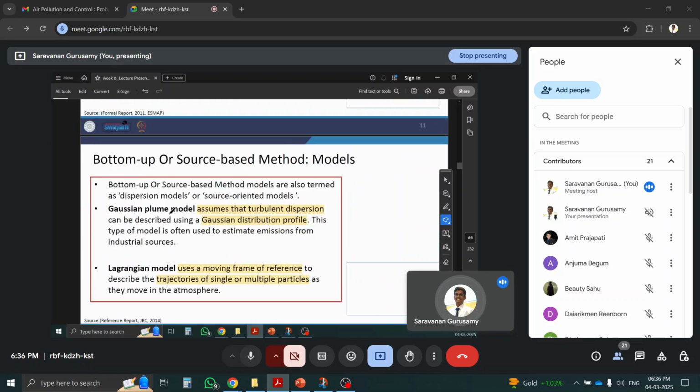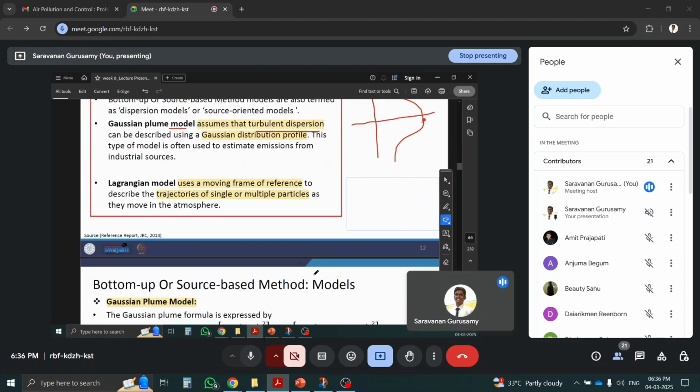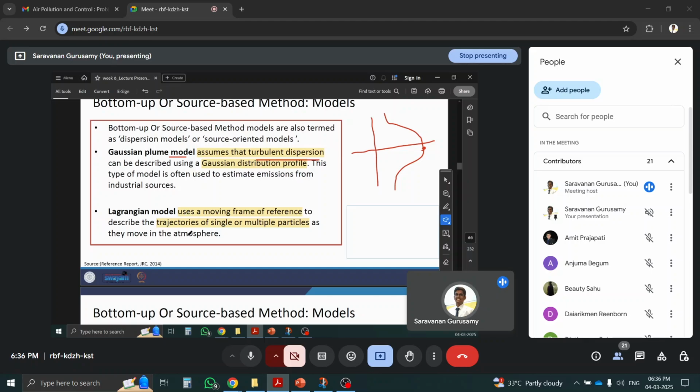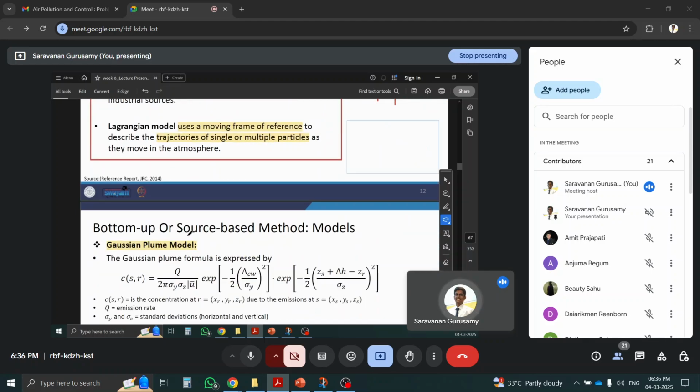The Gaussian plume model, that we know, assumes turbulent dispersion. So it will form a normal distribution pattern in both the Y and Z axes, and you can calculate the level of pollutant at the base level. Then the Lagrangian model uses a moving frame of reference to describe the trajectory of single and multiple particles. So that is another model to calculate the pollution level.